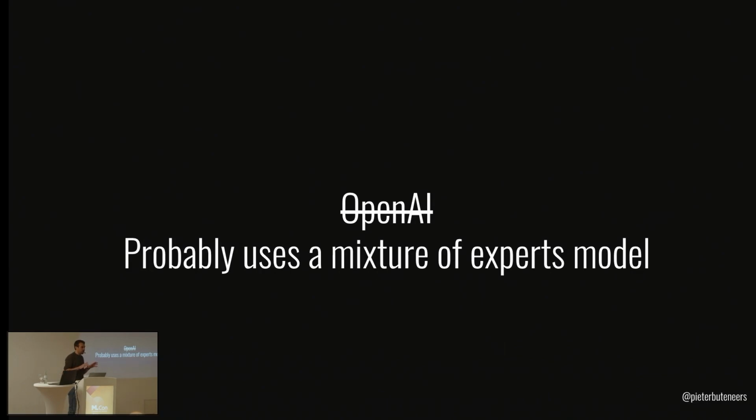Now, if you don't know what that is, basically what you have is that the models of OpenAI consist of multiple sub-models, multiple small experts basically that come to an output, and the average of those experts is sent to you.